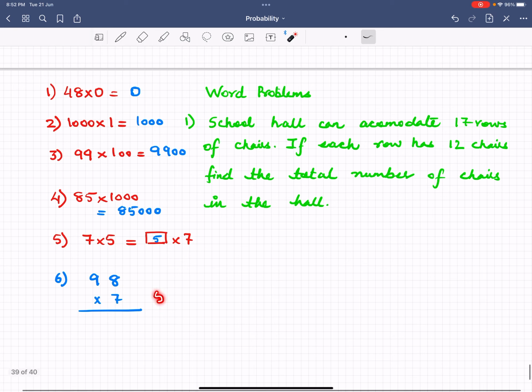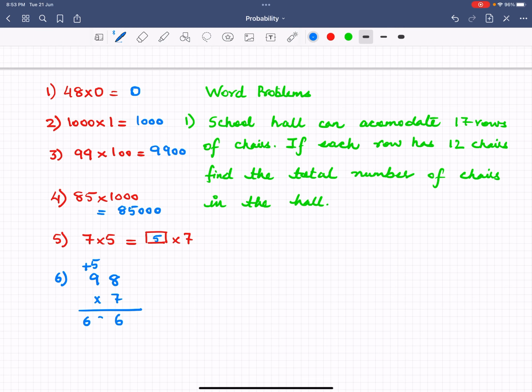And when I write 56, I write the number which is in the units place here, and the number 5 is carried forward. So 7 8s are 56, 5 is carried on top of the 9. Then next is 9 7s are 63. 63 add 5 gives us 68. So the answer is 686.